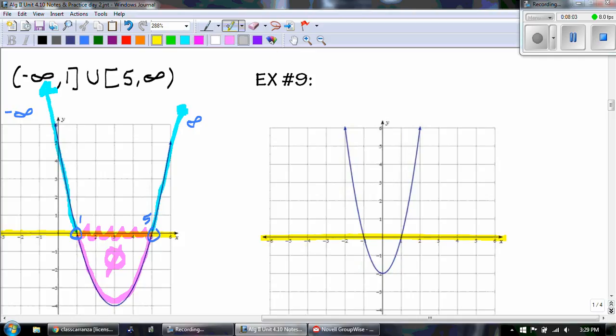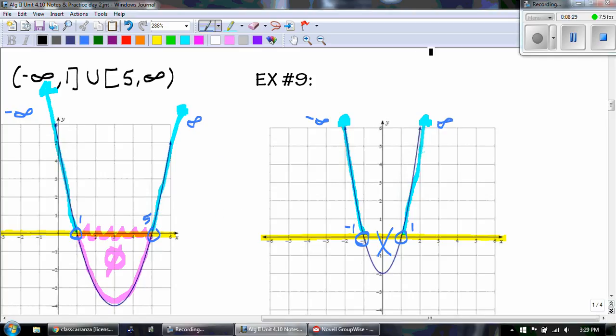Okay? I'm just going to focus on what is above. And where is it above? Well, I'm above from negative infinity to negative 1, and then there's this break, and then once again, I am above to positive infinity.